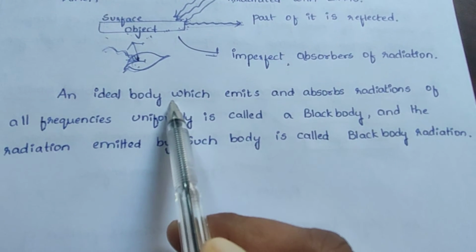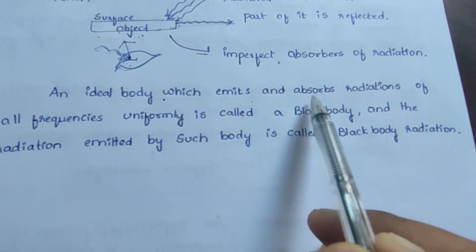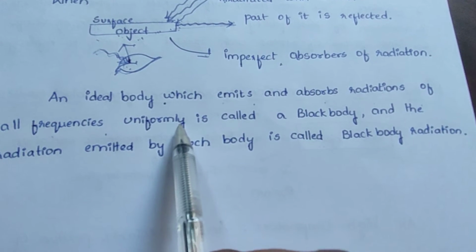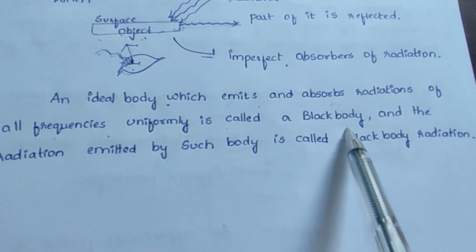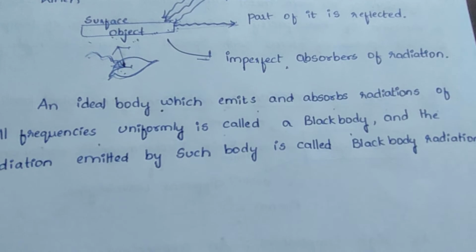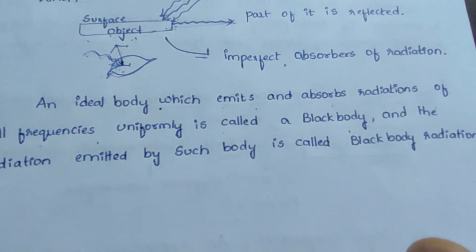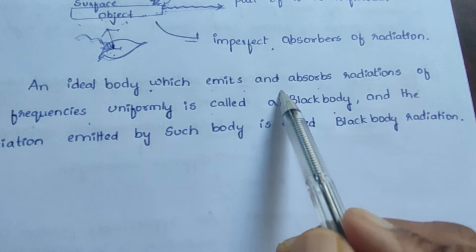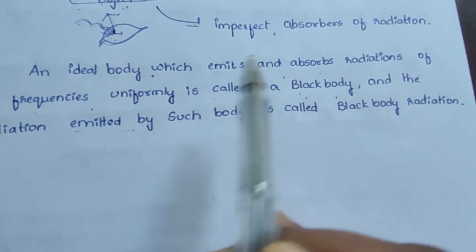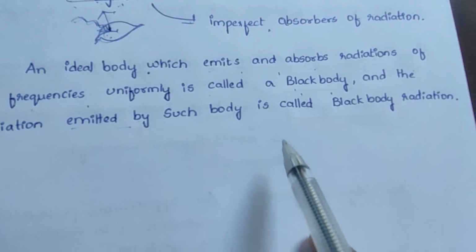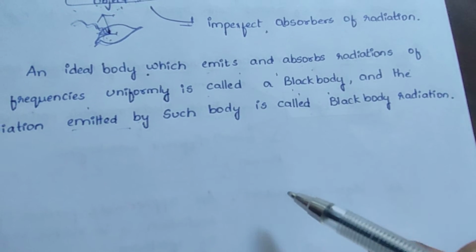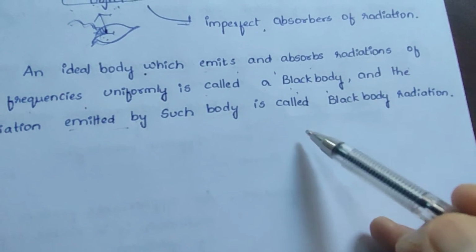An ideal body which emits and absorbs radiations of all frequencies uniformly is called a black body. Means it absorbs all frequencies of radiation, and after absorbing these radiations it will emit them. Whatever electromagnetic radiations are absorbed by it will be emitted back.